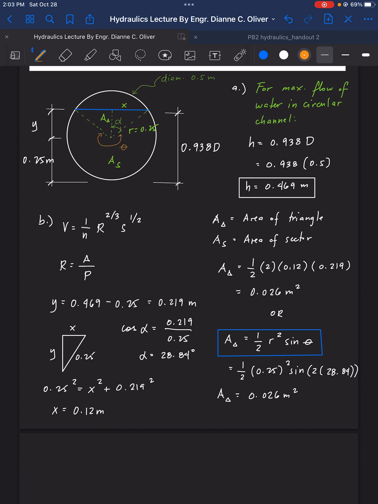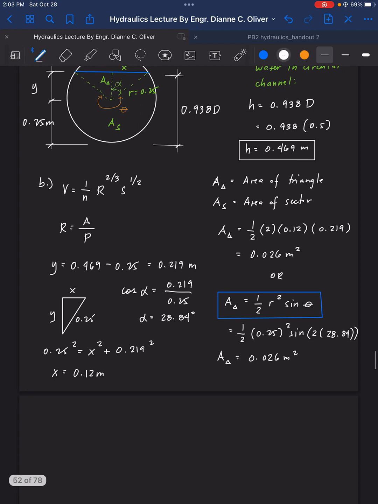The value of theta is equal to 360 degrees minus twice of the alpha.